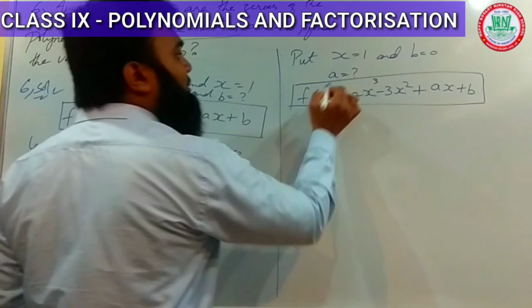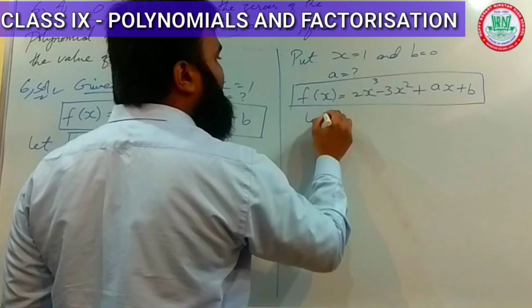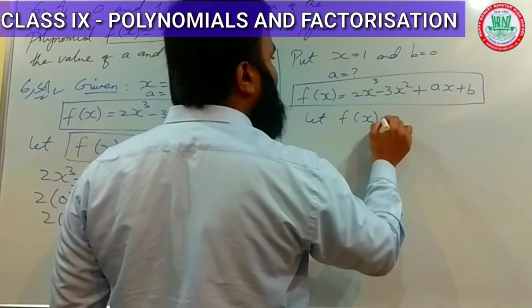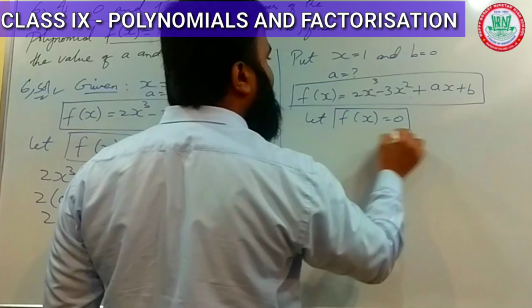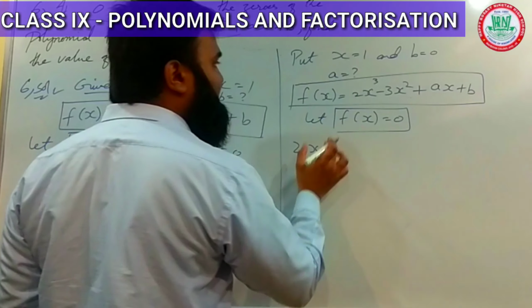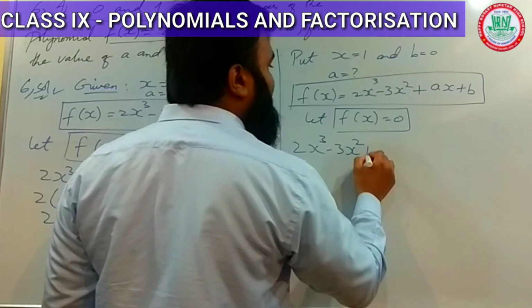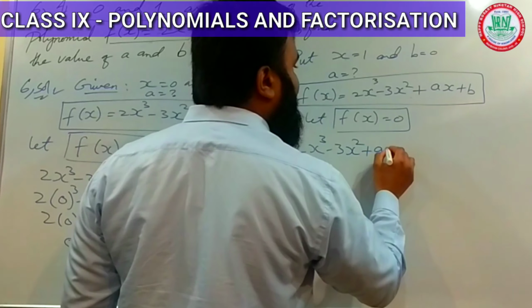So what is the value of x? 1, and also b as 0. First of all we have to take the condition, let f of x is equal to 0. F of x value completely we copy and paste here: 2x cube minus 3x square plus ax plus b is equal to 0.